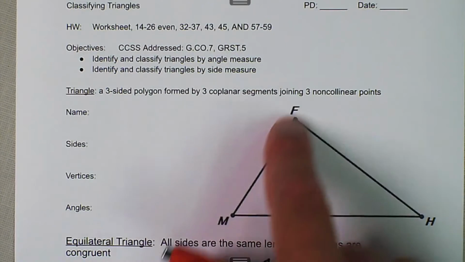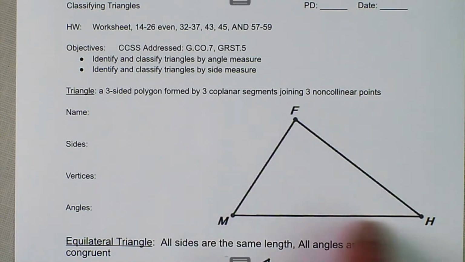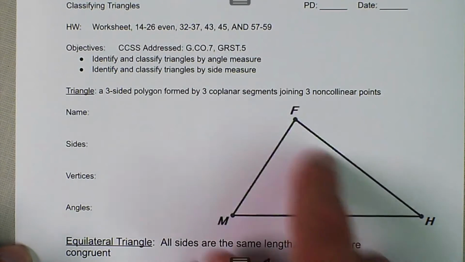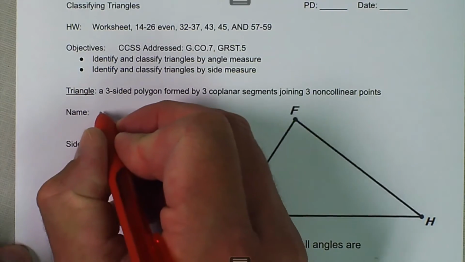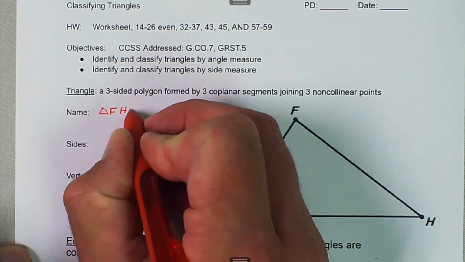So basically we name it by the vertices, or the points on the corners, and we can name it anything we want. We can start anywhere we want and name it. So we could call this triangle FHM.